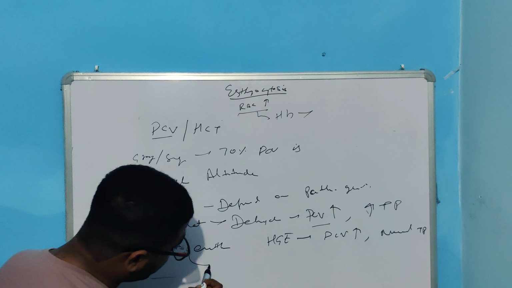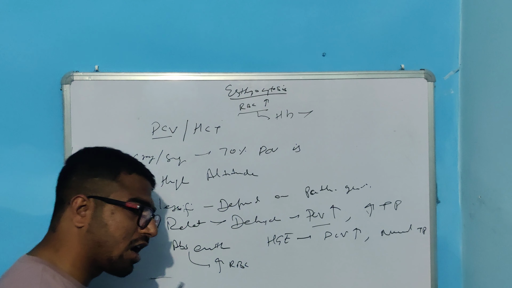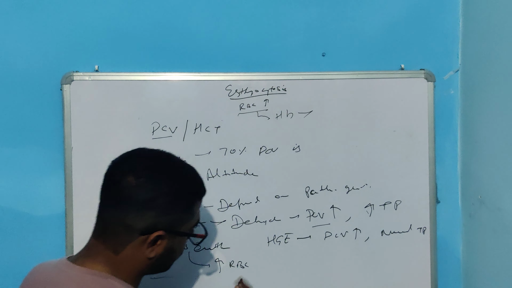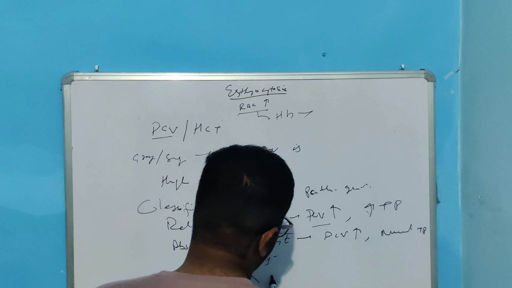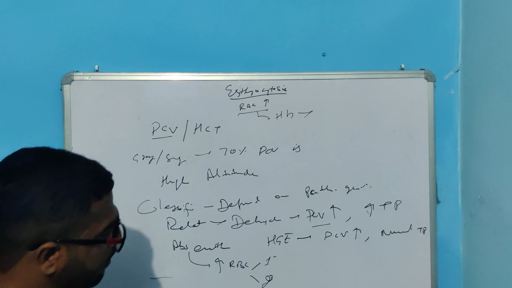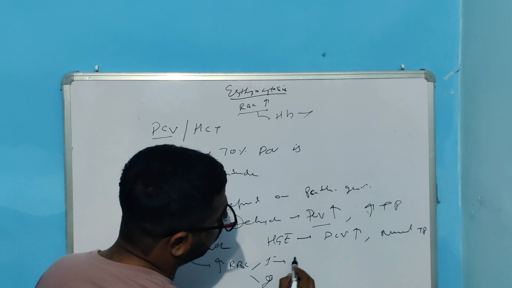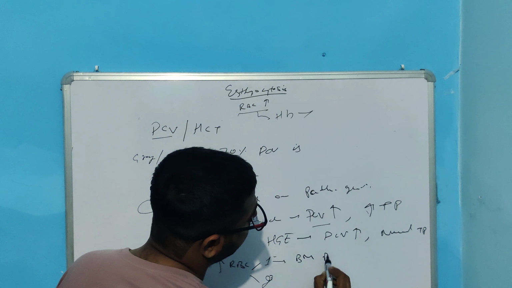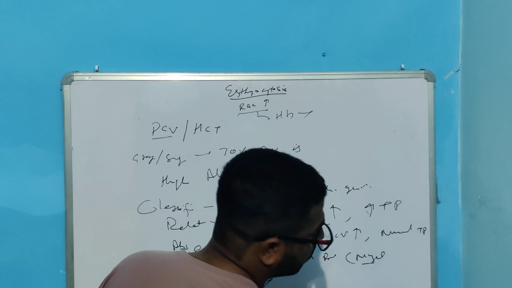In absolute erythrocytosis, there is an actual increase in RBC count. There are two types of absolute erythrocytosis: primary and secondary. Primary erythrocytosis is generally seen when there is bone marrow proliferation, which we can call myeloproliferative disease. Myelo means bone marrow.